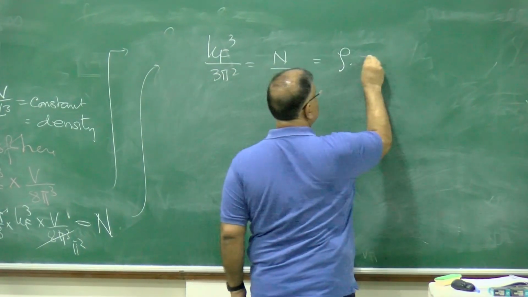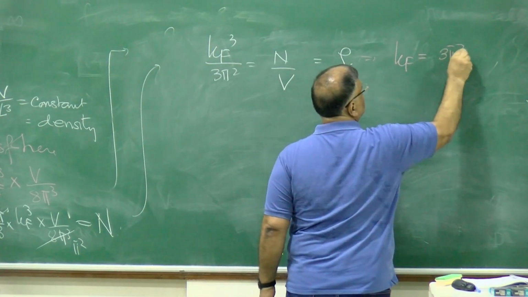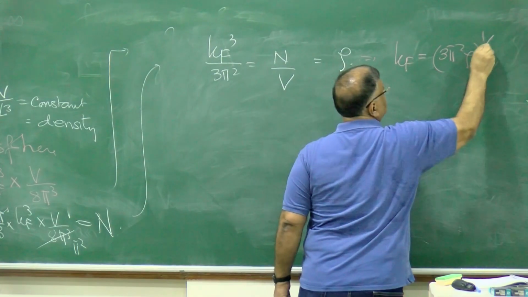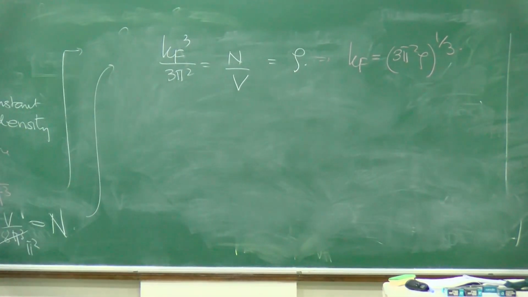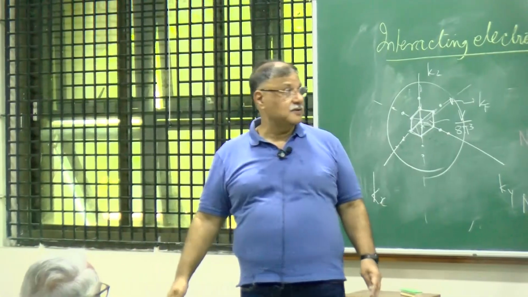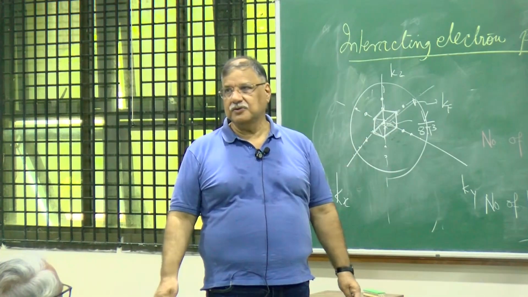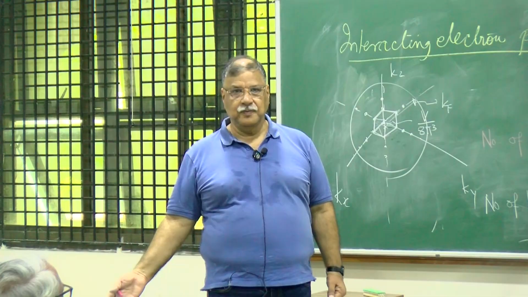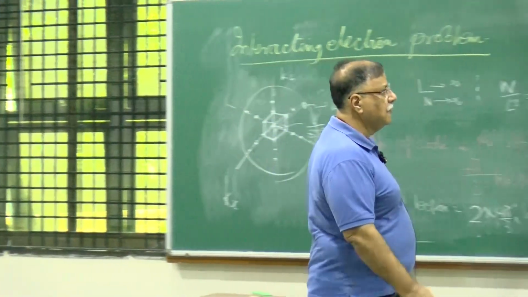And this gives me kf equals (3 pi square rho) raised to 1/3. All right, so you fill all the wave vectors, these k are known as wave vectors, up to the highest kf. Then you exhaust all the states that give you up to n electrons. Is that okay? And this is the relationship.